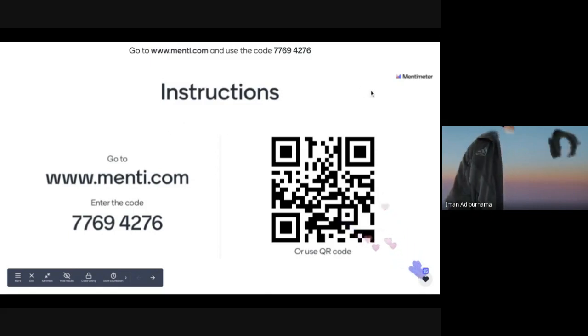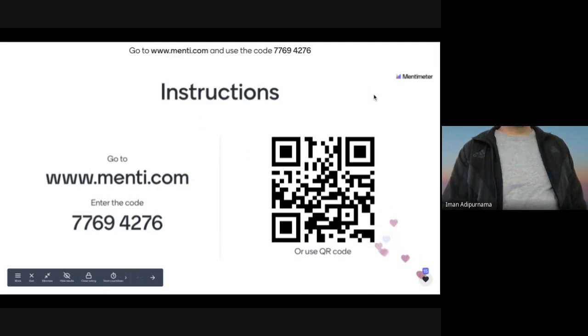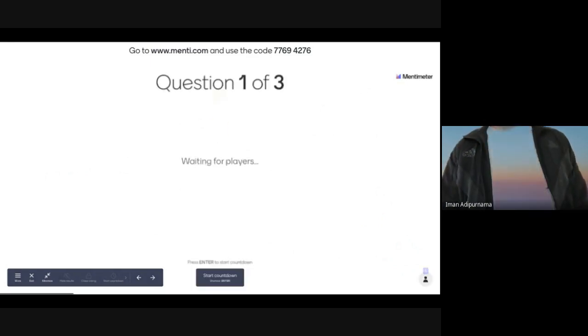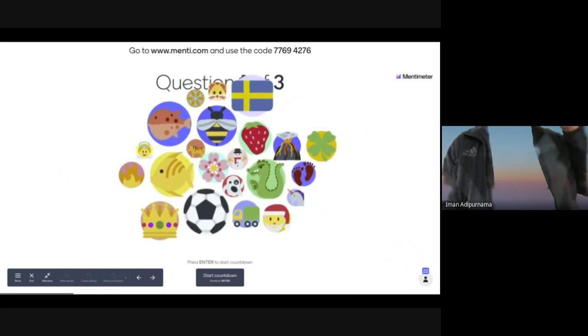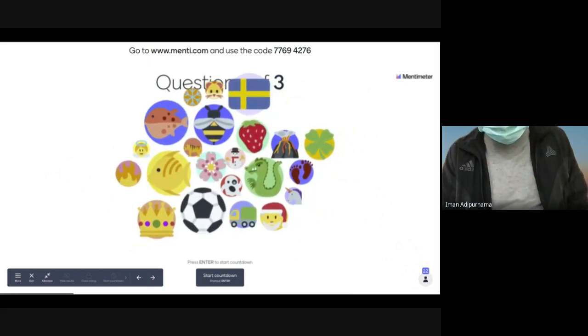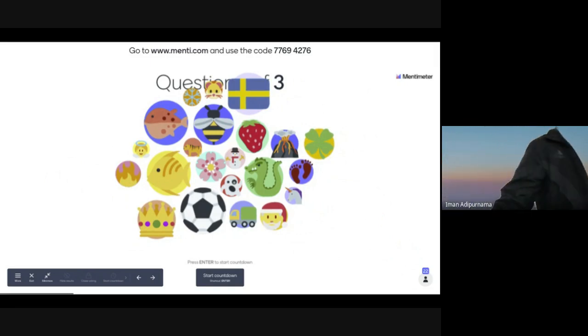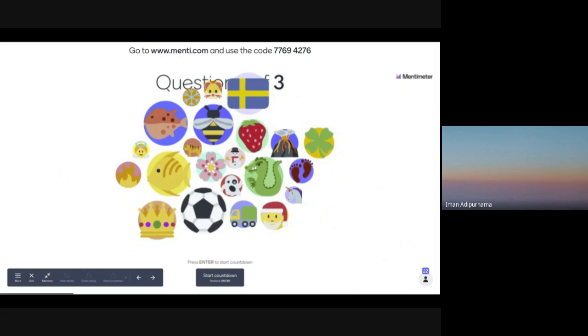So we can start this. Let's start the feedback. If you join, you can join through the website you see here, and this is the code 77694276.